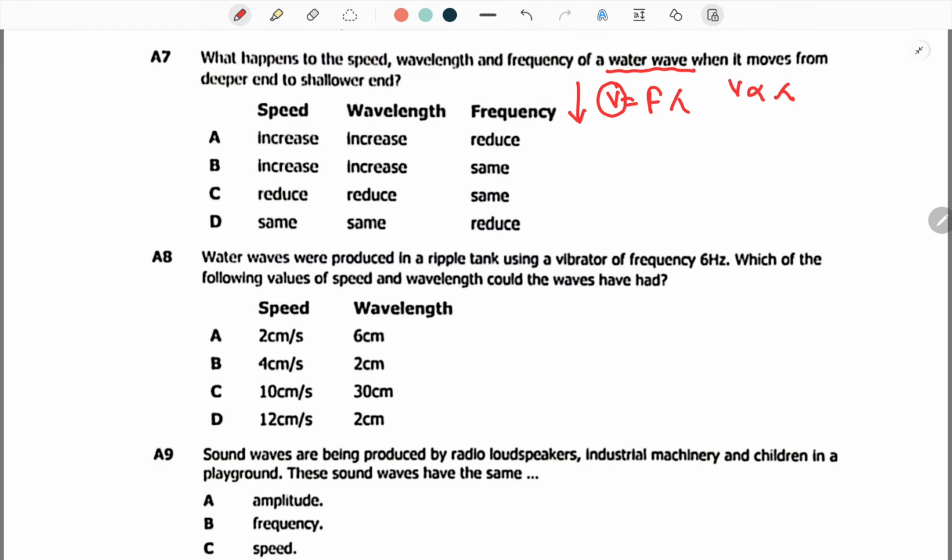Now, when it reduces, I want you to remember that velocity is actually directly proportional to the wavelength. In other words, when you reduce the speed, you expect that even the wavelength is going to decrease.